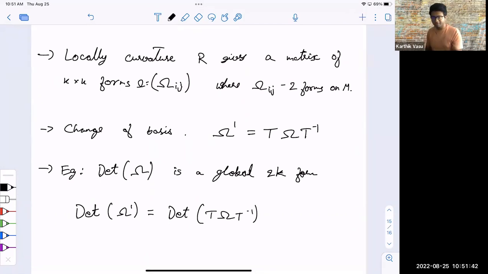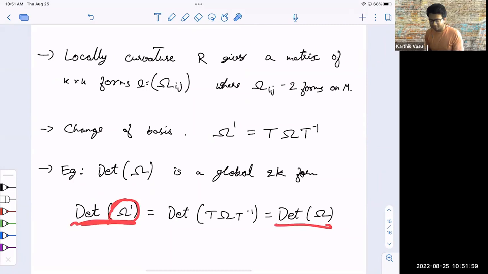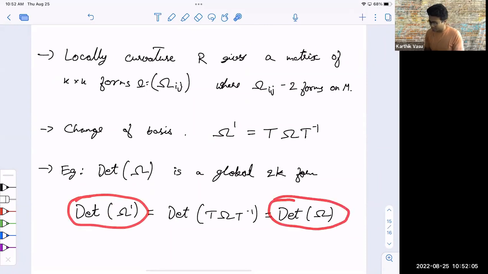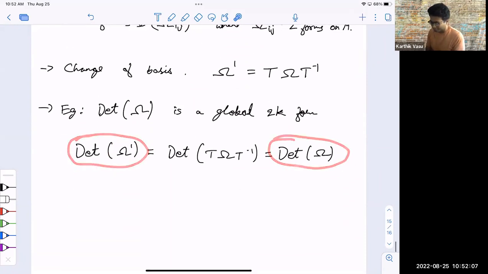But for the determinant, when you have T and T inverse, it just goes away. So regardless of what representation or what basis you chose to represent omega, the determinant of omega will always be the same. So this is why you can define this as a globally well-defined 2K form.